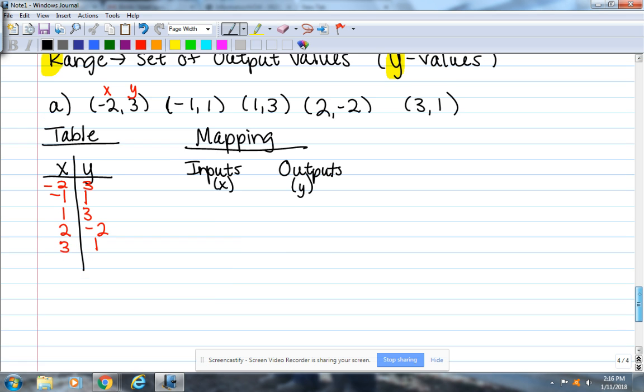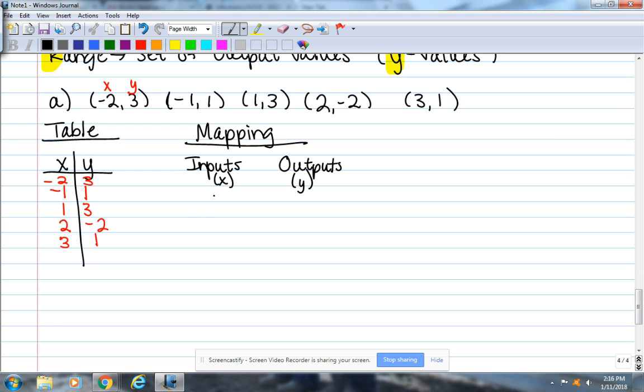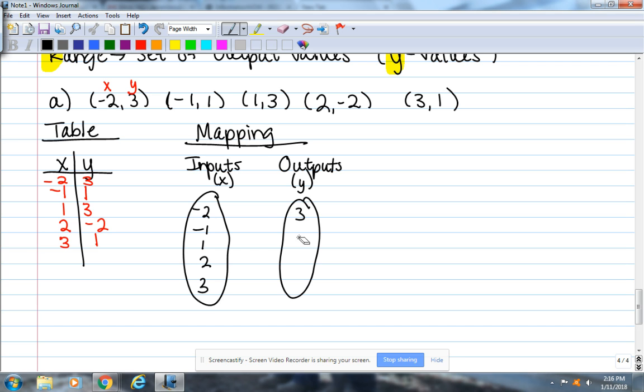So for this relation, your inputs are all your X's. And you have like 2 ovals, and I know mine are horrifically ugly. Actually, what you do is you put them in numeric order.